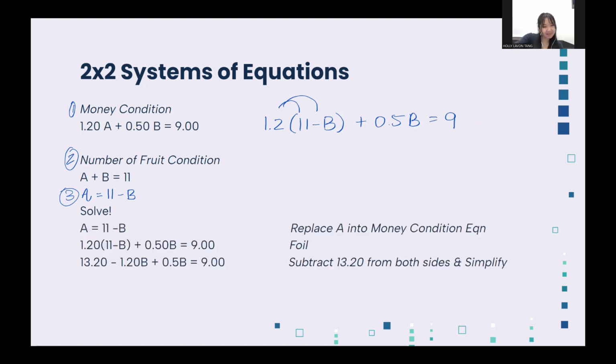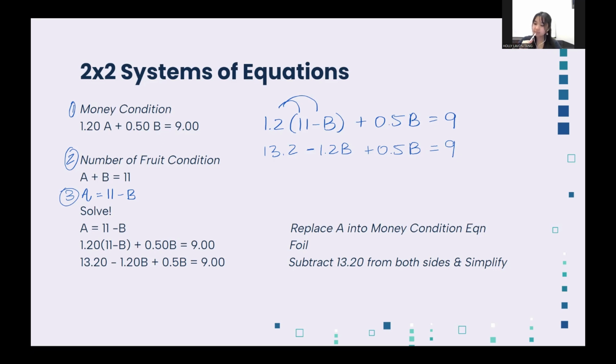That's all right. I think it's 13.2 minus 1.20b plus 0.5b equals 9. I don't think you'll be required to do decimal multiplication, since you don't have a calculator. What's our next step?